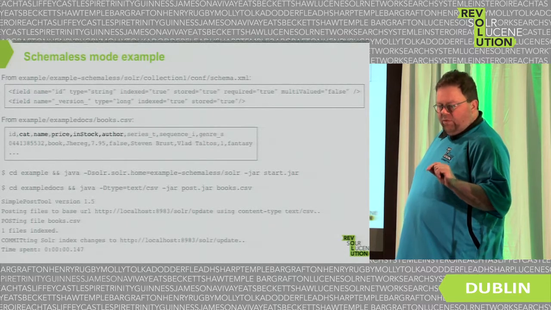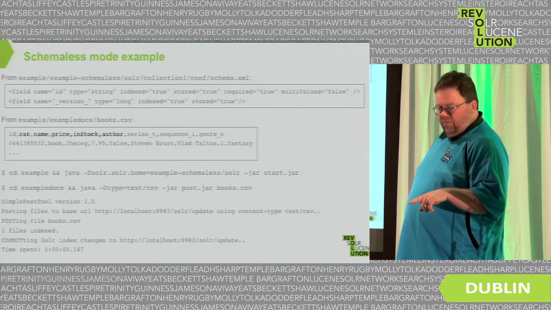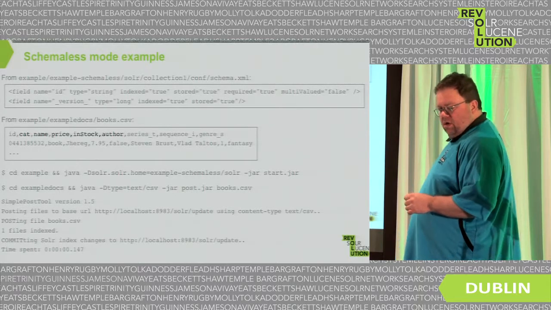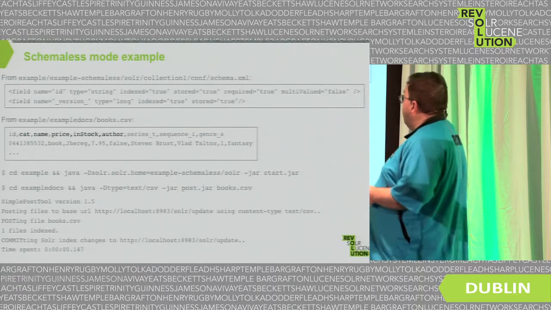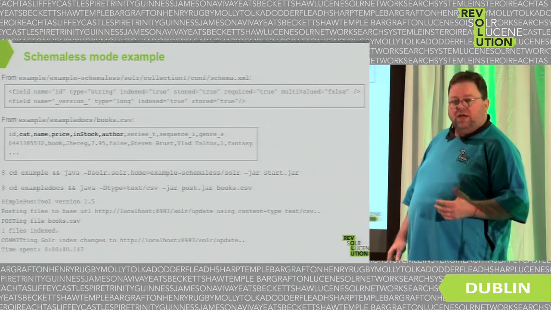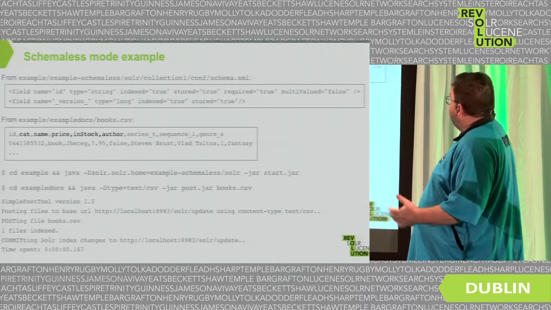There's a new example directory that comes with Solr now called example-schemaless. And from its schema.xml, you can see there the only two fields that are predefined. This is in stark contrast to other examples that come with Solr, which have many predefined fields.